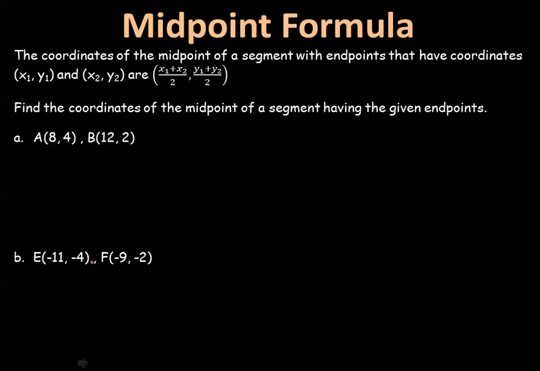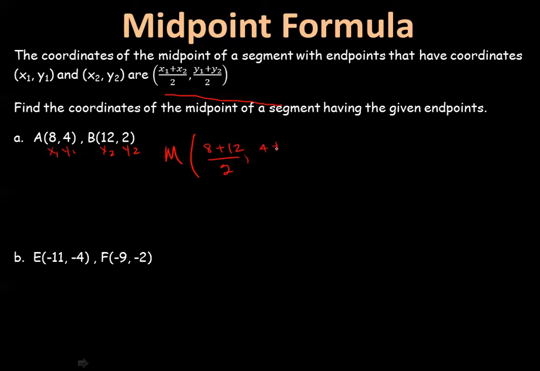Now in this one, it's just the midpoint formula, and you're going to use the midpoint formula to see what the midpoint is. So my midpoint for this one, I'm going to plug in x1 is 8 plus 12 divided by 2.